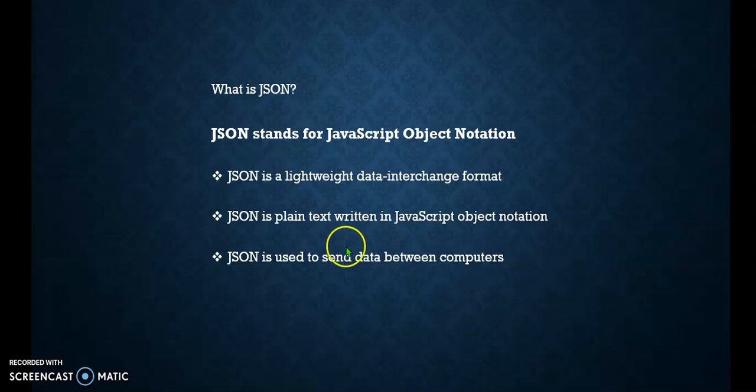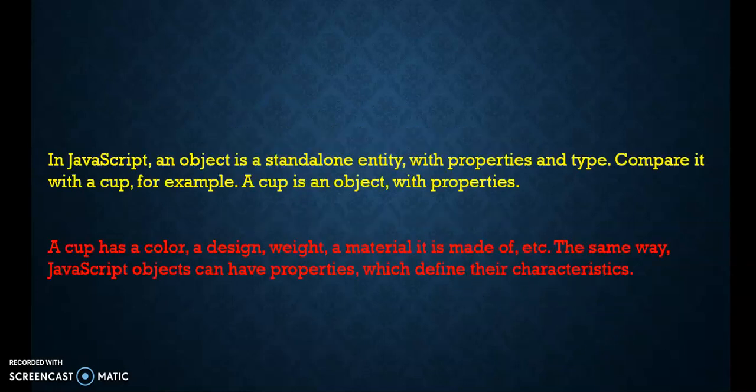If you could recall what a JavaScript object is, we understand that in JavaScript an object is a standalone entity with properties and type. In comparing it, I would like to compare a JavaScript object to a cup.